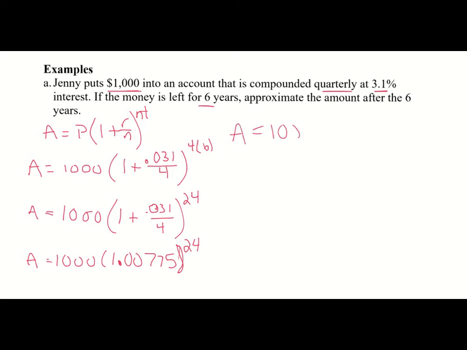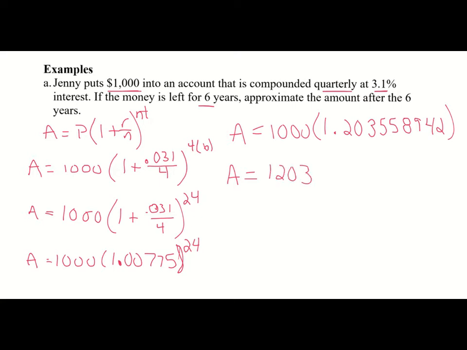So now I'm going to take that 1.00775 and raise it to the 24th power. And that is going to leave me with A is equal to 1,000 times 1.203558942. I left everything that was on my calculator.